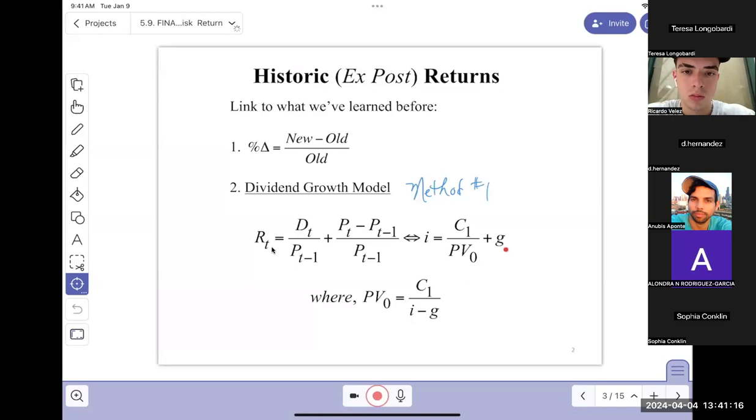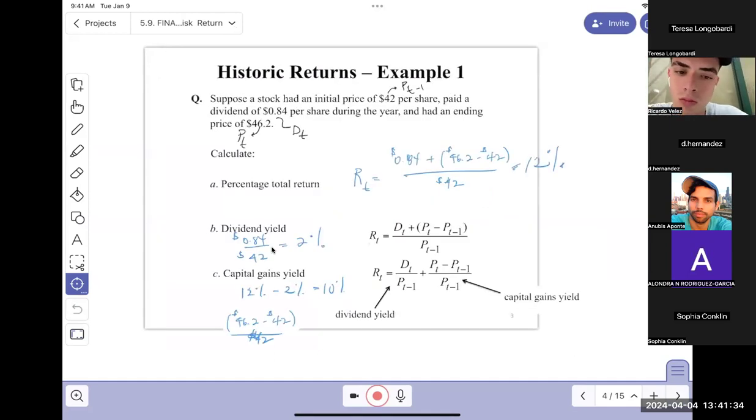If cash flows are infinite, but yet related by a constant rate of growth, you can estimate like this. And I showed that this is essentially a special case of the more general returns formula. Then I had you using the formula that I introduced, we calculate the return for one period and divided it up into dividend yield and capital gains yield.